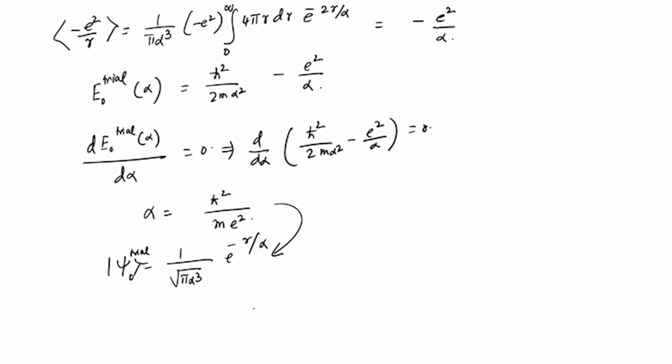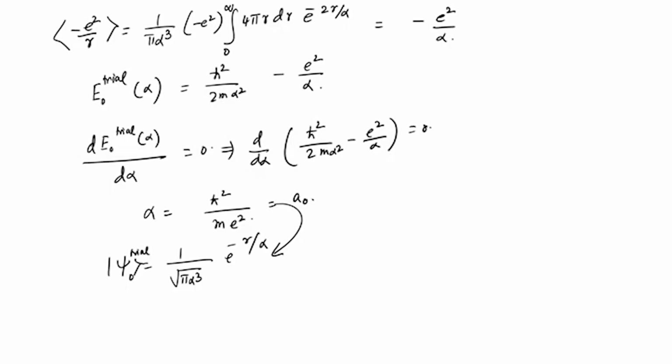Okay. And actually you get a ground state energy which is exact, because you have taken something as a variational parameter. Your A0, the Bohr radius, was actually taken as a variational parameter, and by minimizing the energy with respect to alpha you landed up with an alpha which is exactly the Bohr radius.